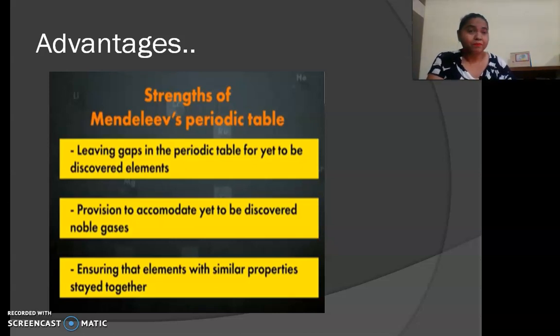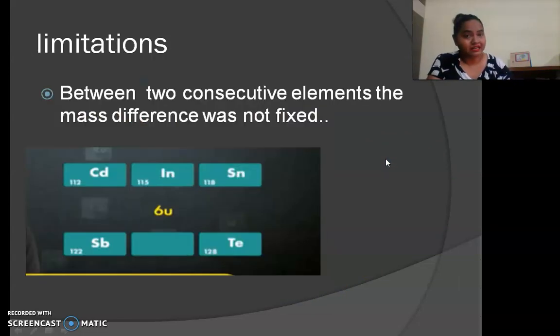I know Mendeleev's periodic table looks perfect. In fact, it was one of the most successful periodic classifications during its time. But did it have limitations? Oh yes, it did. The first limitation was that between two consecutive elements, the mass difference was not fixed.